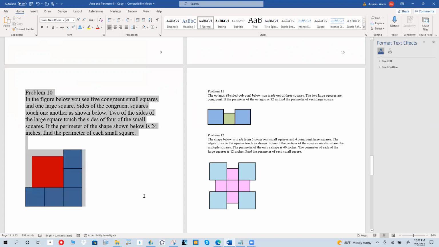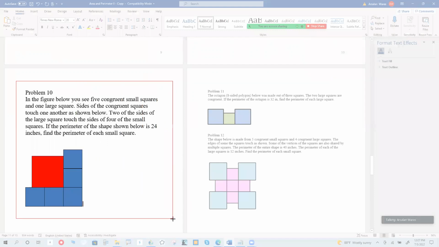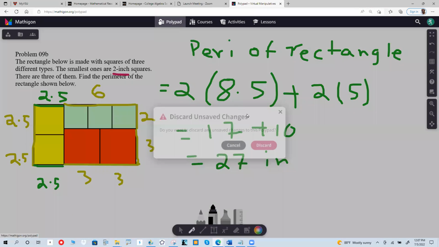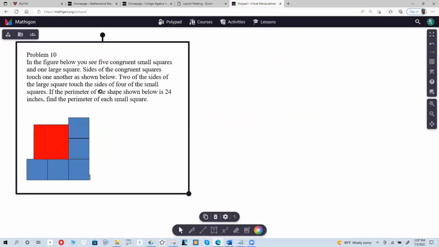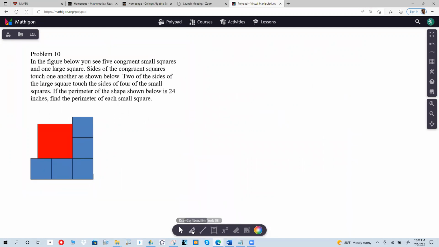I'm going to do 2 versions of it, but don't worry about that yet. So this is a little tricky problem. Let's read the question first.